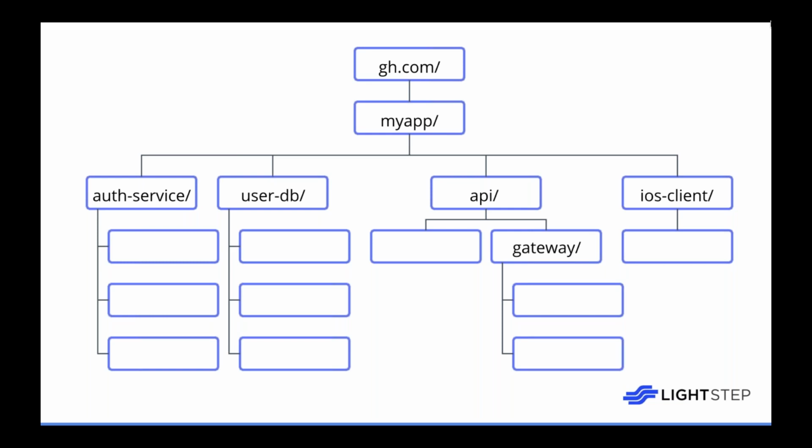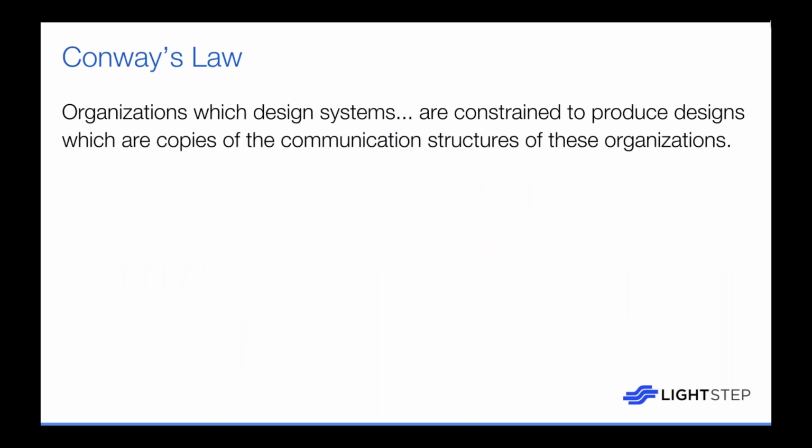This is part of something you may have heard of, something that Melvin Conway wrote about a while ago, which people have come to call Conway's Law, which in his words was: organizations which design systems are constrained to produce designs which are copies of the communication structures of those organizations. And usually, Conway's Law is brought up in a negative sense, like it's something to be avoided.